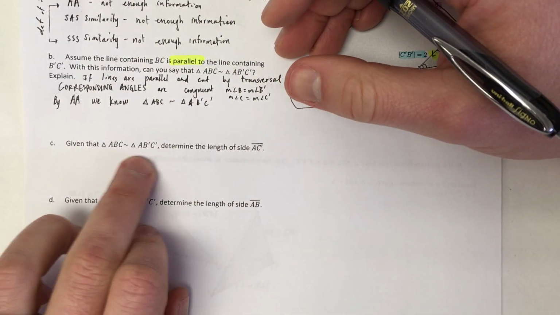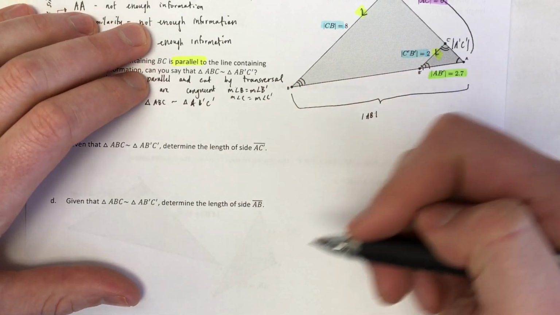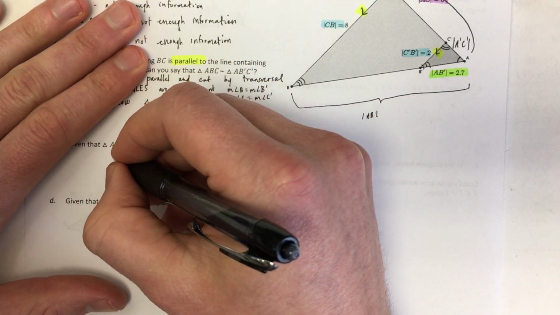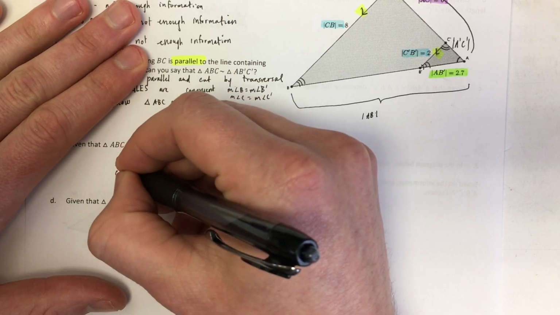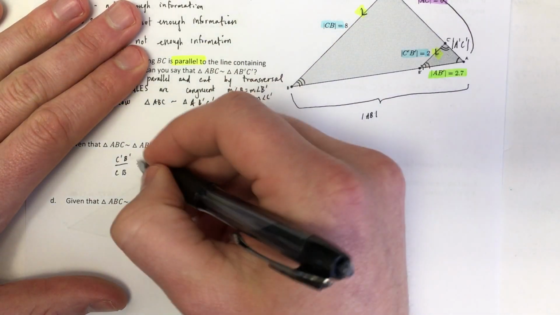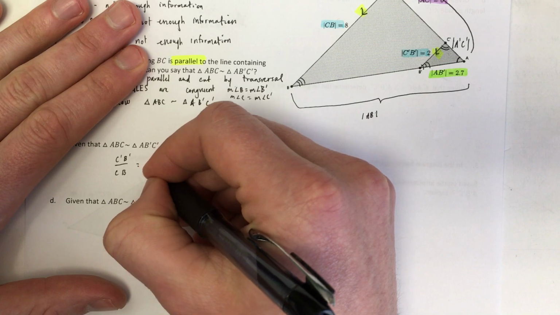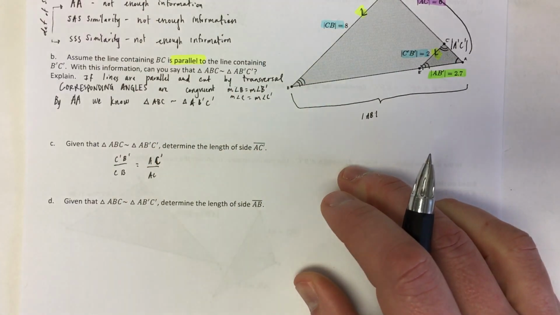Next part says, given that they are similar, determine the length of AC. So right now we have, again, one pair, C prime, B prime, that we have been given that are in proportion, and we should be able to set up the ratio for AC versus AC prime.